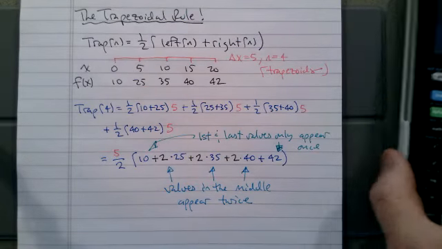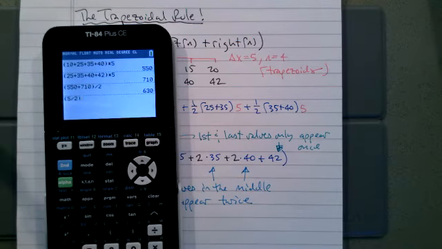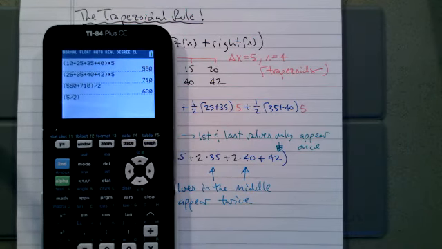Let's make sure that this is going to give us what we want. So 5 over 2, factor out the 5, factor out the 1/2 from doing the averages. I have 10, 2 25s, 2 35s, 2 40s, and 1 42. Just like we suspected.